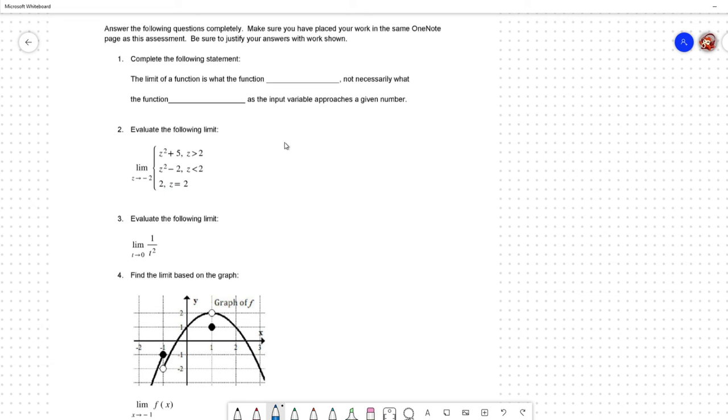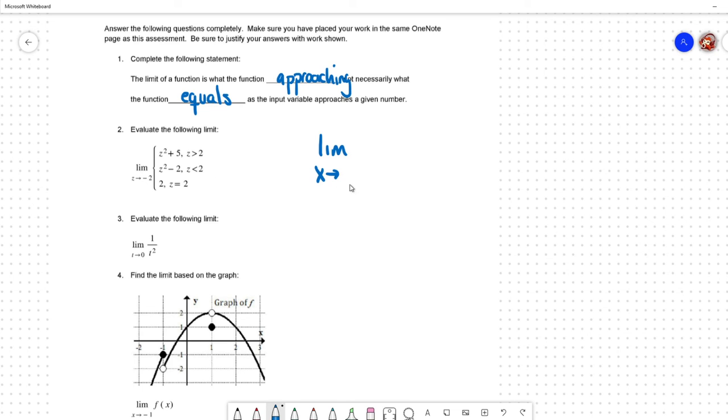Okay, so remember, the limit is what the function is approaching, not what the function equals or is as the input variable approaches a number. So we talked about when I have to evaluate a limit, especially ones with piecewise functions, I want to check, hey, what happens?